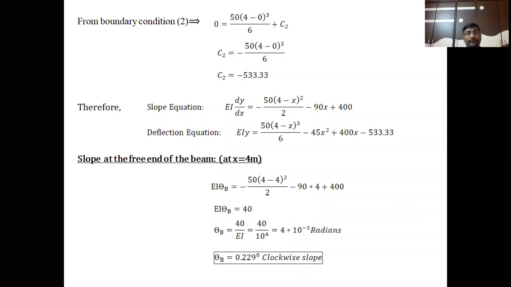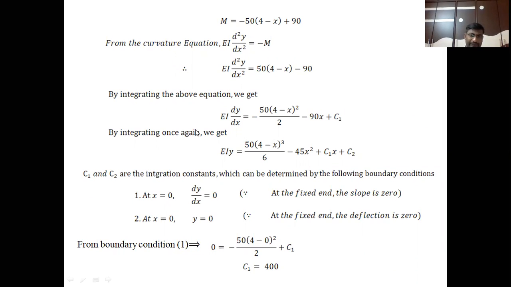Next, upon substitution of the second boundary condition in the deflection equation, deflection y is 0, so the left hand side is 0. So 0 is equal to, upon substitution of 0 in place of x, 50 by 6 into (4 minus 0) whole cube, minus a term that is 0, so only C2 remains.